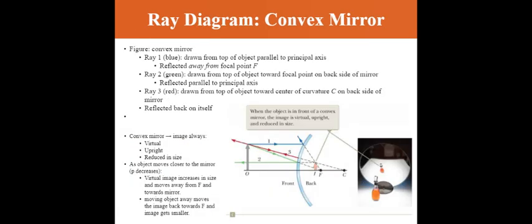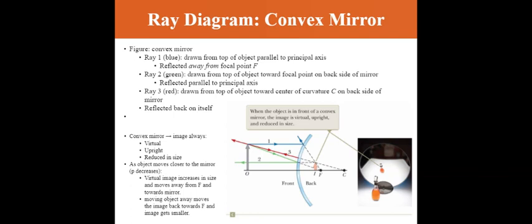Ray diagrams for a convex mirror are again the same thing. The first ray is parallel, the second ray goes through the focal point, and the third ray bounces back and forth in the same direction. The difference here is that since the focus and the center of curvature are virtual, the rays don't actually go through the focal point or the center, they just appear to.